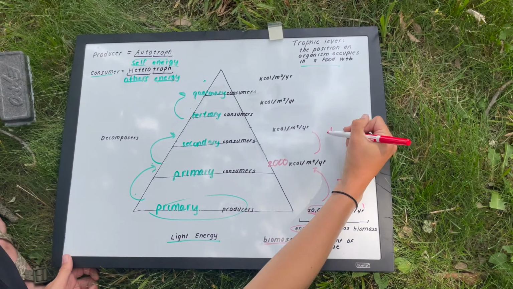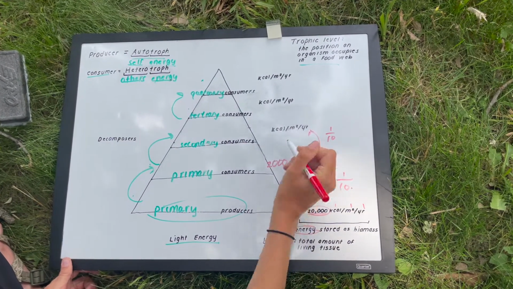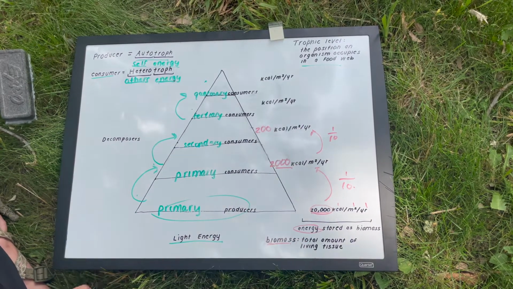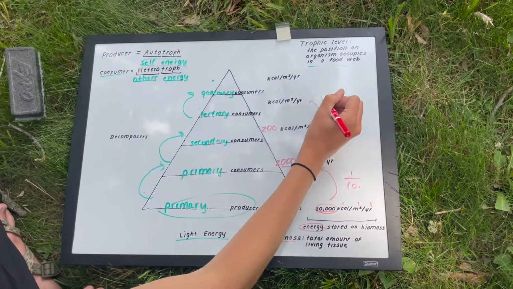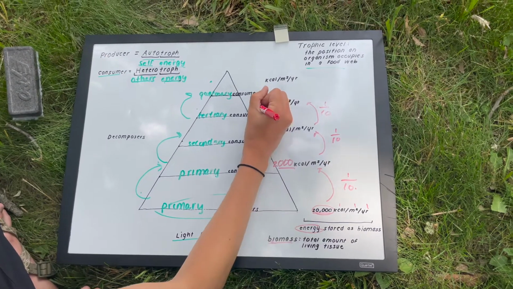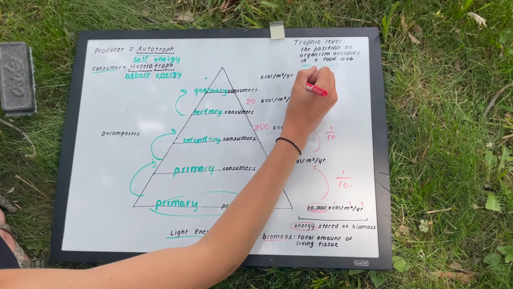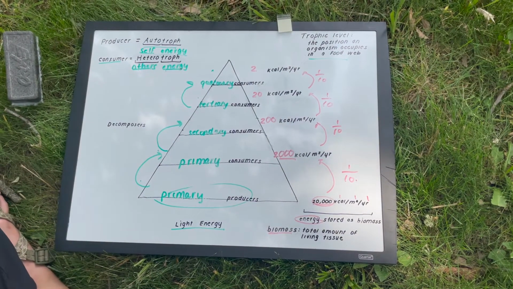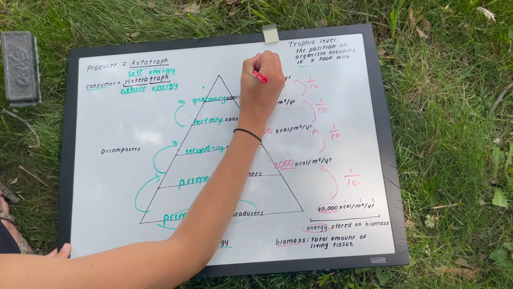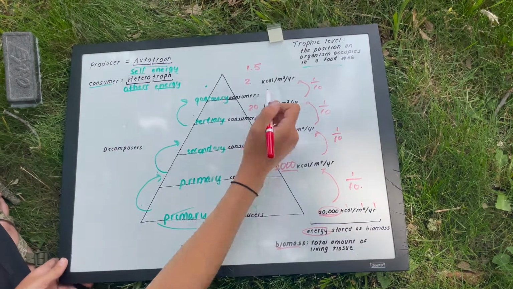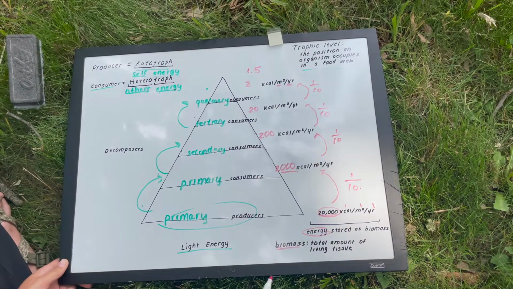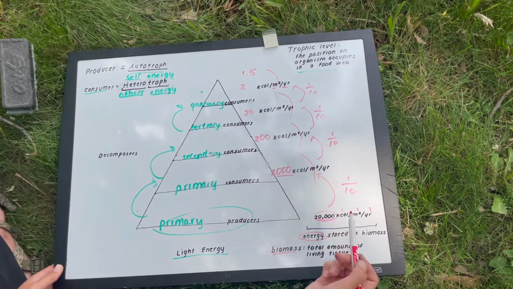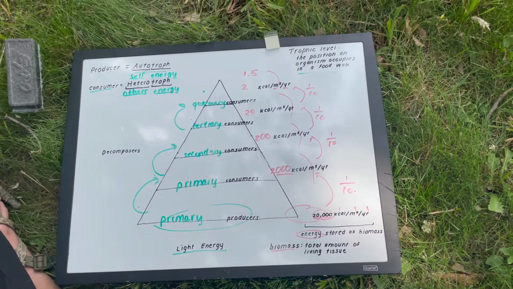Again, we're going to do 1/10 of our 2,000 number, and we will have 200 kilocalories. Then again, 1/10 of that will be 20, and another 10th of that is going to be 2. So a thought example for you all is if you start with 1/5 kilocalorie per meter squared per year, how many will there be with the primary producers if you work your way down?